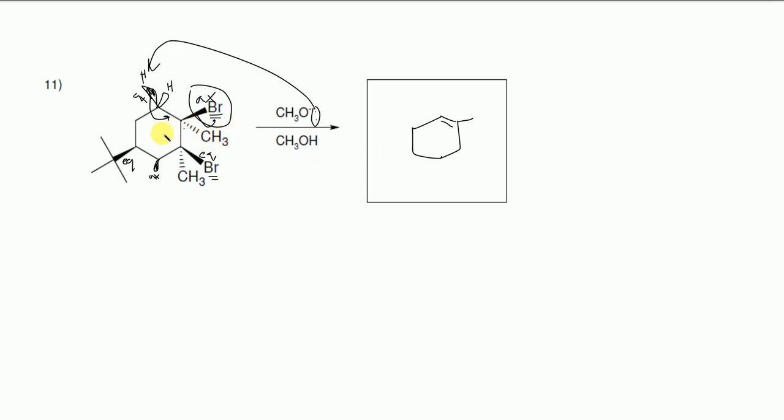So there's no stereochemistry anymore on this double bond right here. But everything else has retained its stereochemistry. So the Br, okay, and then the T-butyl. All right, so that's our answer. So this would be what our answer is.